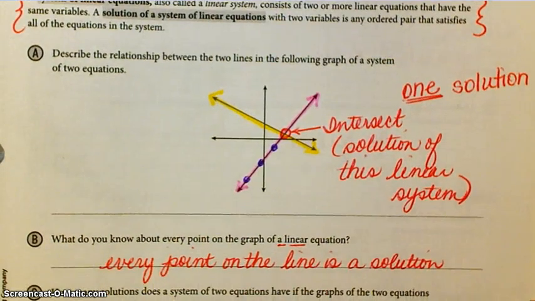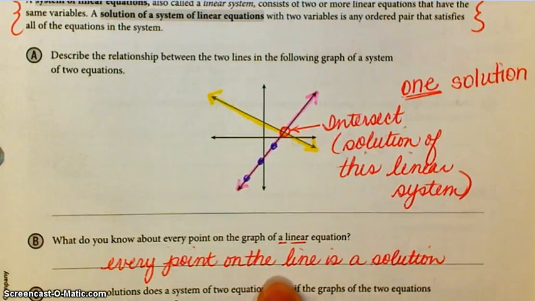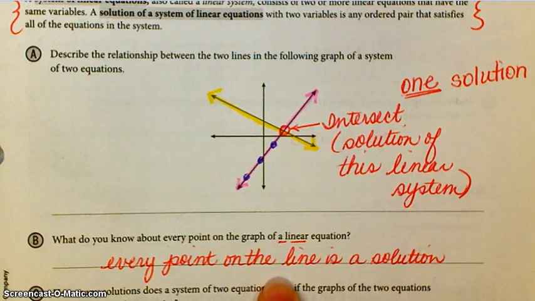Down here, they've hopped back and they're just asking you about one specific linear equation, and every point on the line of a particular linear equation is a solution to that linear equation, if you're talking about one line.